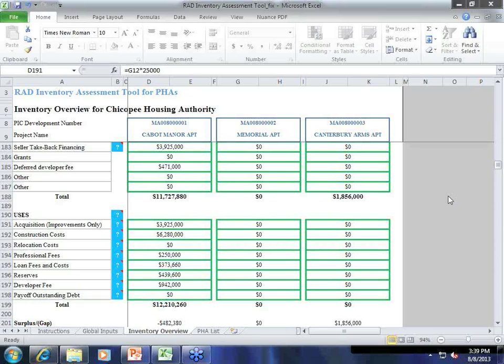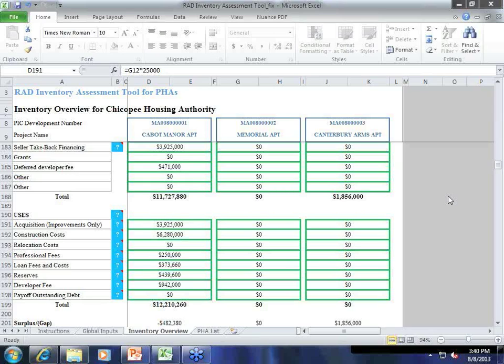Sure. For 9% credits, what we need to see is that you've read the qualified allocation plan in your state and that you think you will score high enough on that qualified allocation plan that you are a good candidate for tax credits.